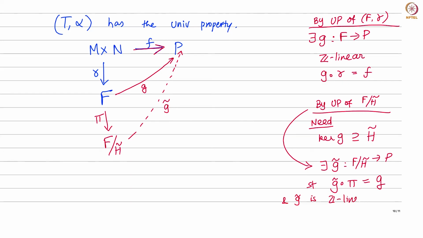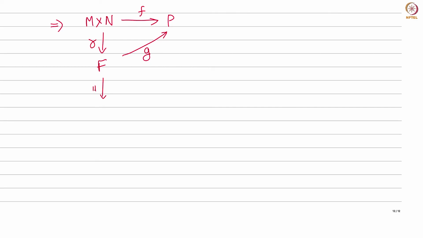So all this is more or less a repetition of the arguments we gave earlier. So now finally, what does this mean? This means that we have shown the universal property because I have two commuting triangles. On the one hand there is G, and on the other hand, this was F mod H tilde, so there is this map G tilde.